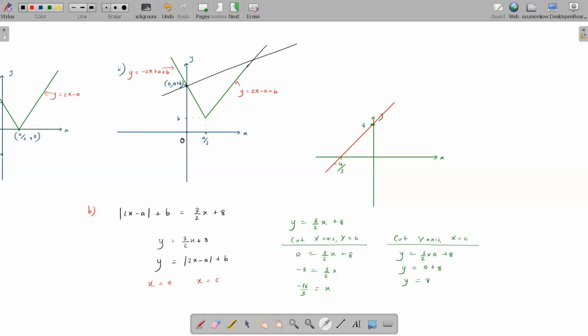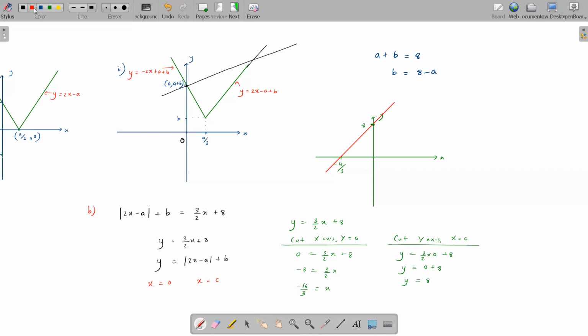I know from the fact that for the 3/2x plus 8 graph, when x is 0, y is 8, which means the point 0 comma a plus b is 0 comma 8. So a plus b equals 8. That means b is 8 minus a, because they want our answer only in terms of a.